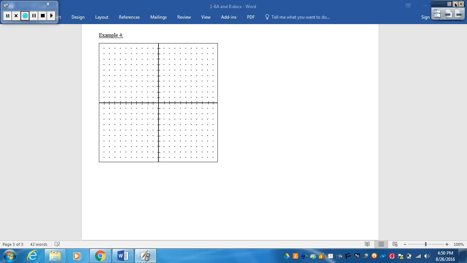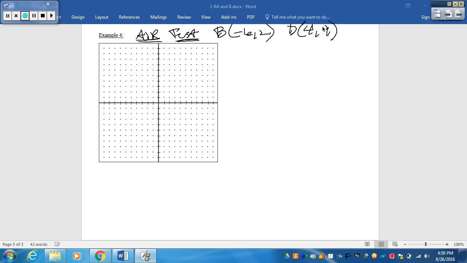So, taking a look at example 4 for the AIR test, here's a question that they could ask, and I would log this away into my notebook and refer back to it when we get closer to the test, because it's not a hard concept, but it's kind of a weird way to word things. So let's go ahead and graph D and B, okay? Let's say B is at negative 6, 2, and let's say D is at 4, 9.